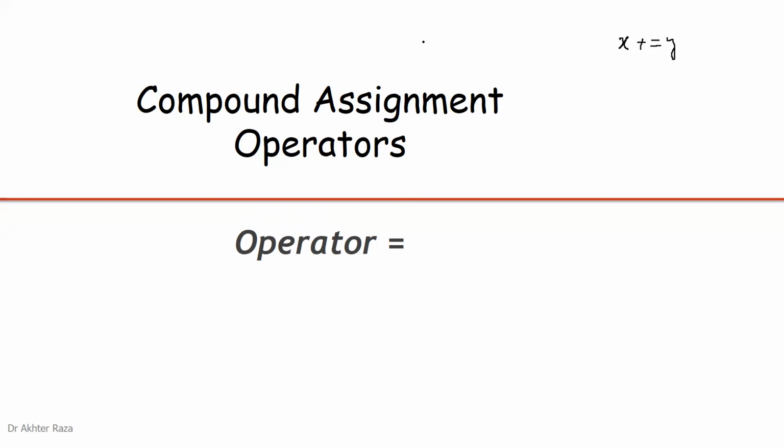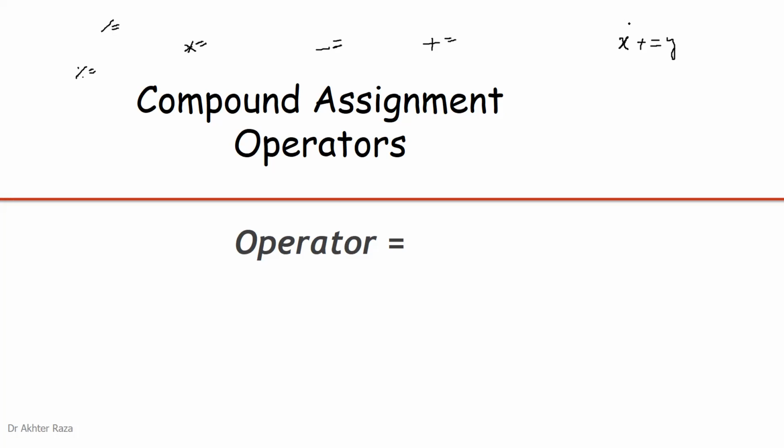So the names of the operators are plus equal, minus equal, multiply equal, divide equal and percent equal. So these are 5 in nature: plus equal, minus equal, multiply equal, slash equal, or percent equal. So this is the writing format.